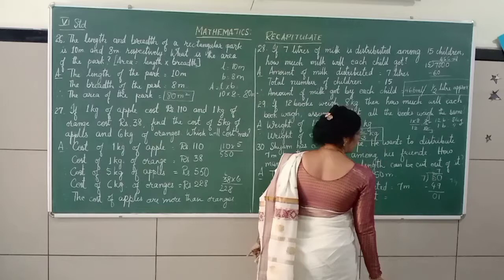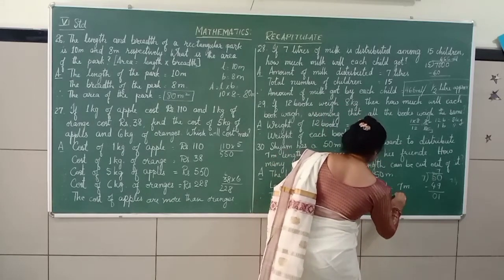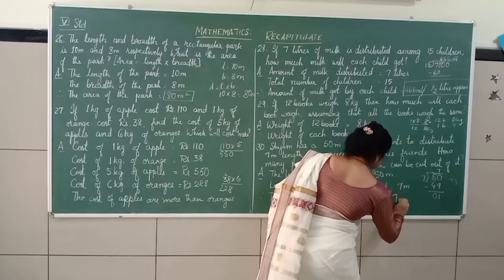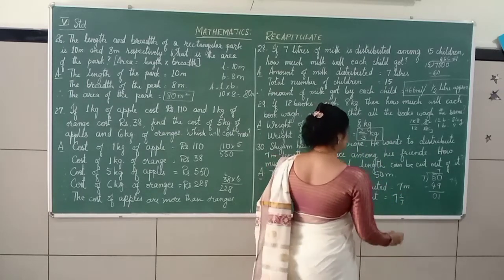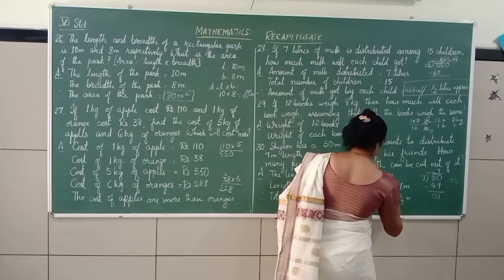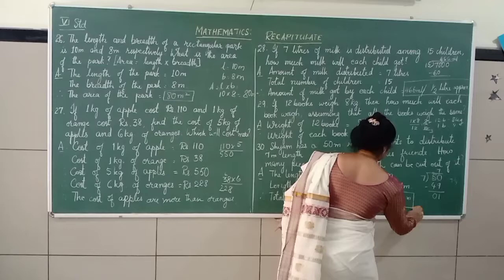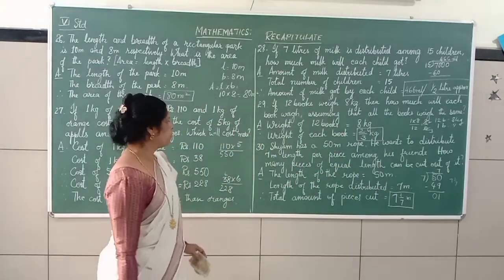That will be our answer. So the total amount of pieces cut is 7 1 by 7 meter. So that will be the answer.